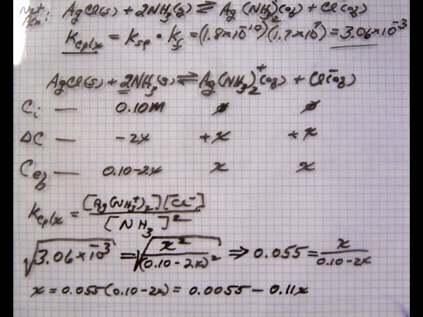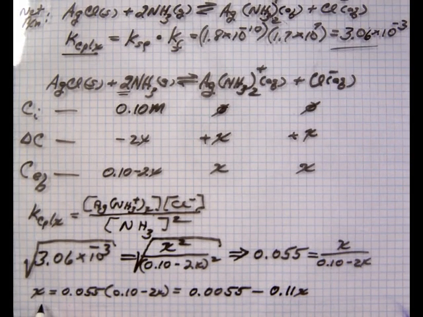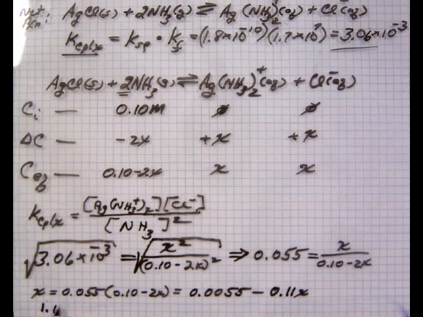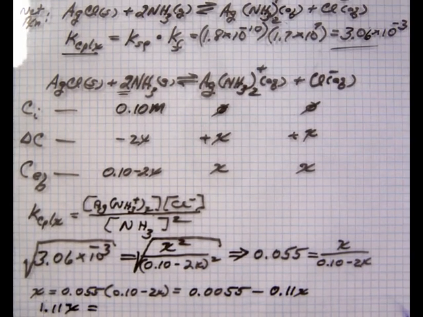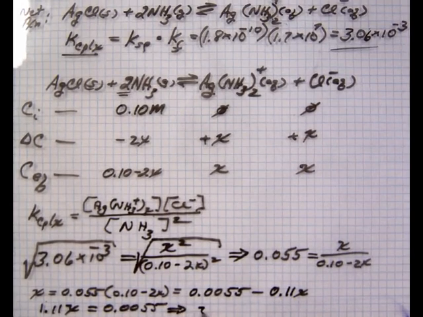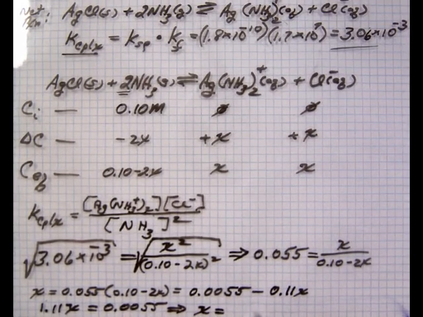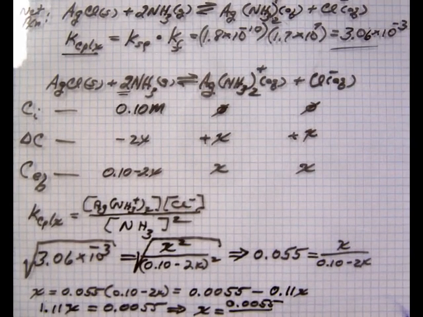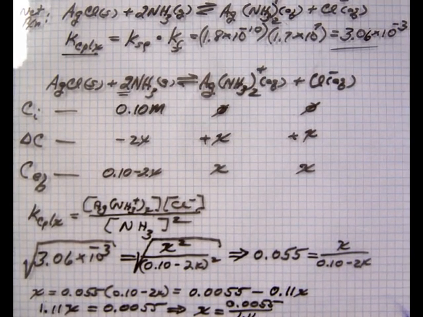0.11x, and we can add 0.11x to both sides of this expression and come up with 1.11x to equal 0.0055, and solve for x, and divide 0.0055 divided by 1.11 molar.